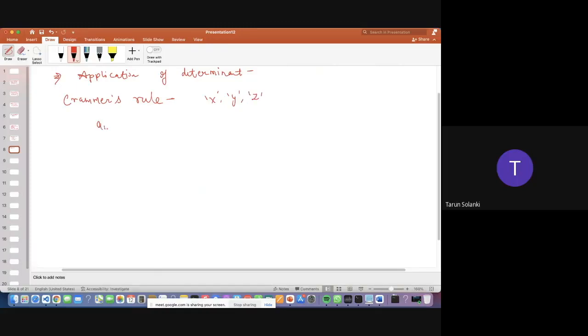That means a1x plus b1y plus c1z is equal to d1, a2x plus b2y plus c2z is equal to d2, a3x plus b3y plus c3z is equal to d3.